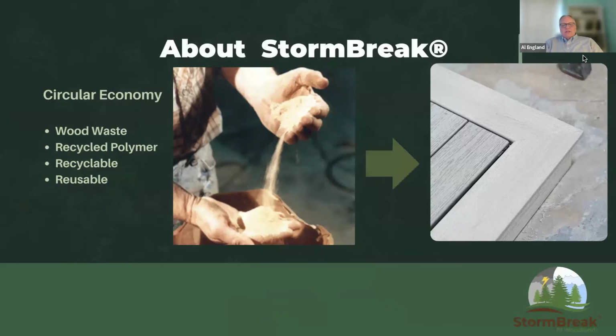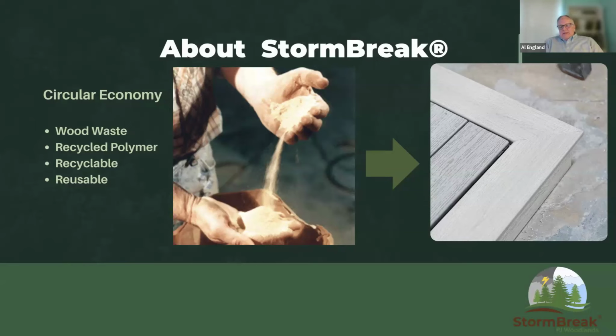So we are quite serious about contributing to the circular economy. We're proud to have developed a product using a proven extrusion process that will provide beauty and value for the property owner and the entire supply chain, including building product distributors, pro dealers, lumber yards, and installers and contractors.